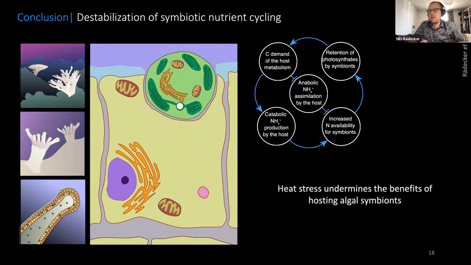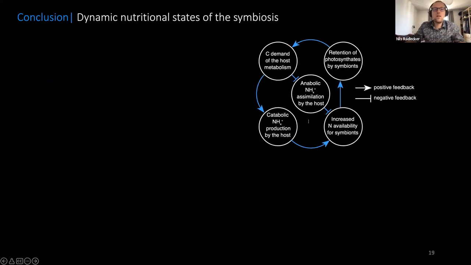And if this is the case, then of course, we still can't explain bleaching from a molecular level, but we can now explain bleaching from an ecological level. And so we can explain really the breakdown of the symbiosis as a consequence of this feedback loop.